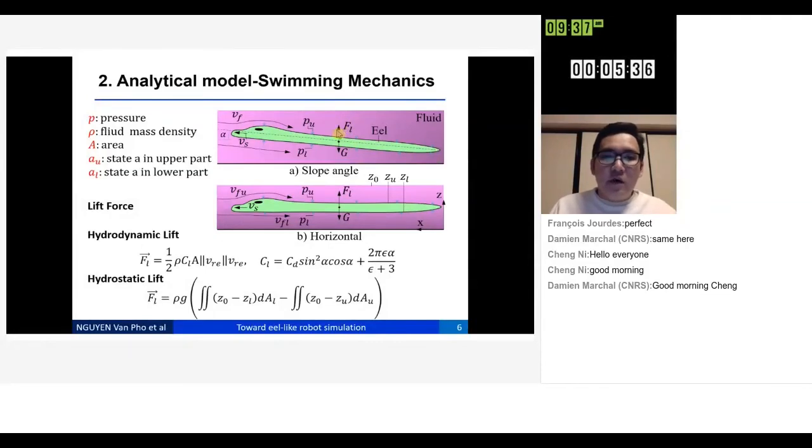For case 1, when the eel moves with a high velocity at a slope angle alpha, the hydrodynamic lift is calculated in this function. And when the eel moves in a horizontal direction with a small velocity, the lift force can be calculated in the hydrostatic case, or buoyancy force, in this function.